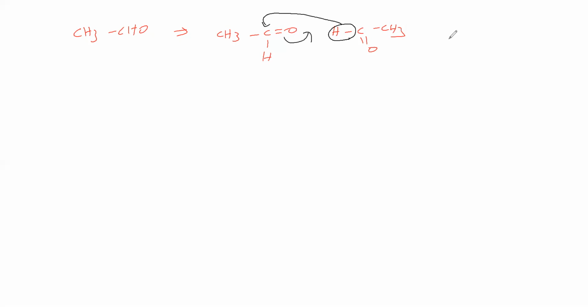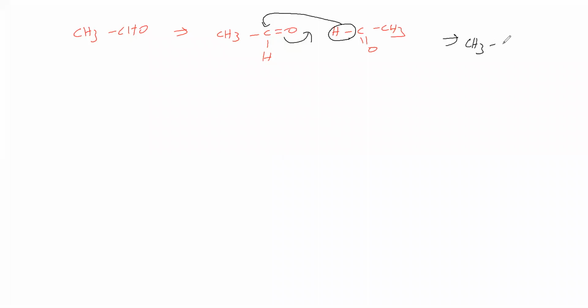Some reactions we'll see. We are taking acetaldehyde. In the Tishchenko reaction, what is the product? We'll see. This acetaldehyde we'll write like this. Now we'll take another acetaldehyde. How to shift the bond: this bond will shift between this oxygen and this carbon.